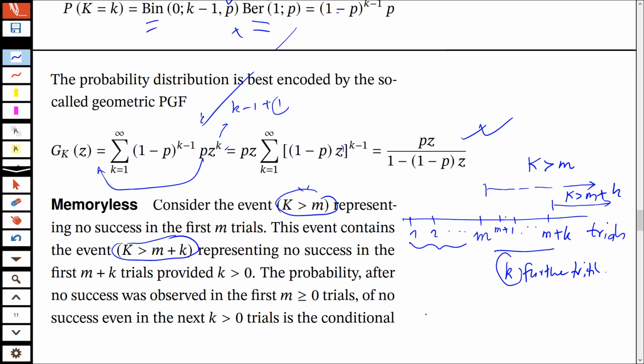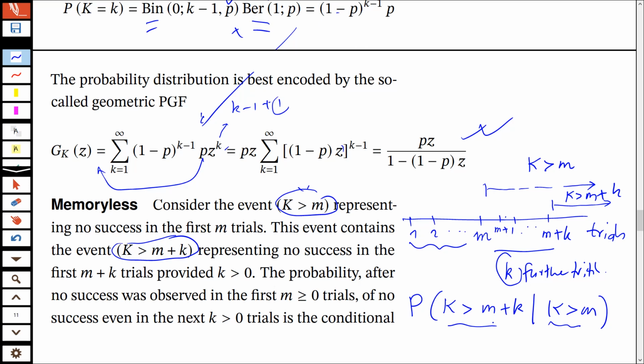If I want to know the probability of this later question, given that I have the information about the first m trials, I want to know whether this event has any effect on that event. I can anticipate that there should be no influence because of independence. All the Bernoulli trials are independent, but I still have to verify this.